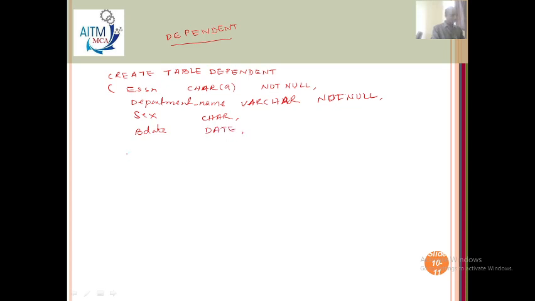Then relationship. Okay, it is varchar of 8. Okay, then tell me, which is the primary key here?